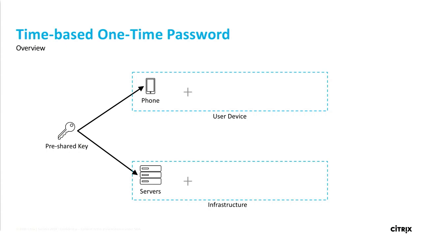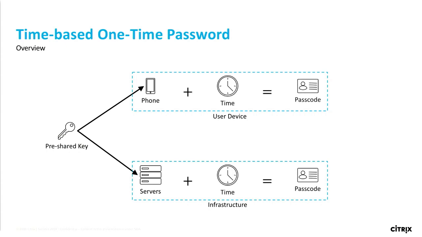What happens then is when you launch the Authenticator app and try to authenticate with this, the system takes that key and uses an algorithm against the current time and comes up with a 6-digit number that changes every 30 seconds. Now, because the backend infrastructure has the exact same key, and hopefully the time is synchronized, it should get the exact same number. And then when you enter that in, it's just a simple comparison. Does this number match this number? Yes, OK, then you have that pre-shared key.